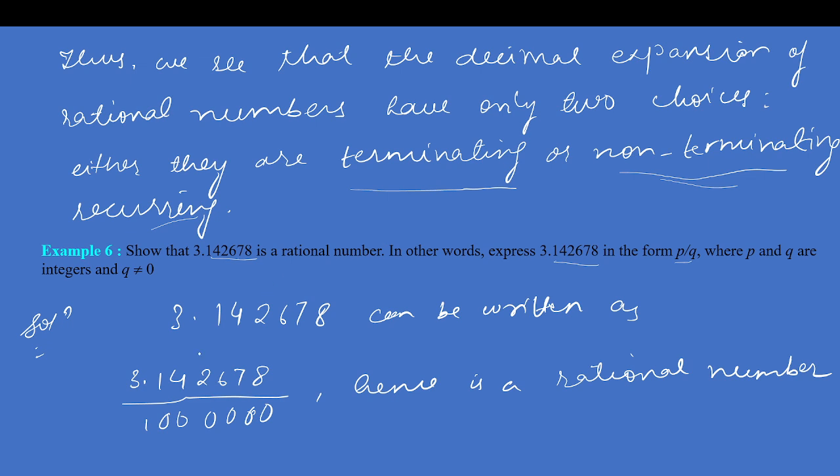So simply, we remove this decimal point and put 1 and zeros below. The number of digits after the point, we keep the same number of zeros: 1, 2, 3, 4, 5, 6. Hence this is a rational number. This is p and this is q. So this is very simple. Now we'll move to the next question.